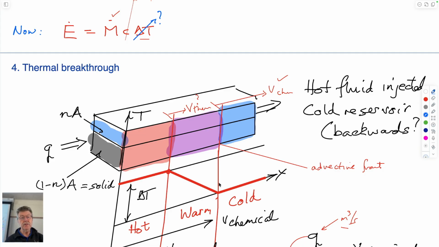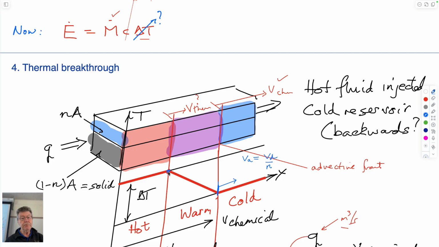And we made the point that there's the rate at which the front moves, which is the advective front. So the advective velocity is equal to the Darcy velocity, which you get from Darcy's law, divided by the porosity of the reservoir. Because porosity is always less than 1, typically it might be 10%, so it's 0.1, this could be 10 times the Darcy velocity. That gives the location of this inflection point here.